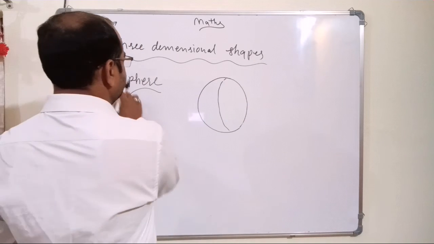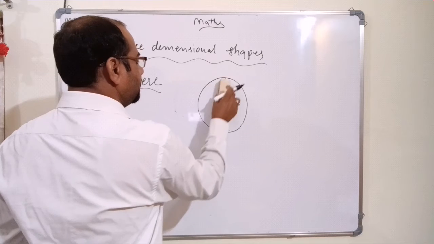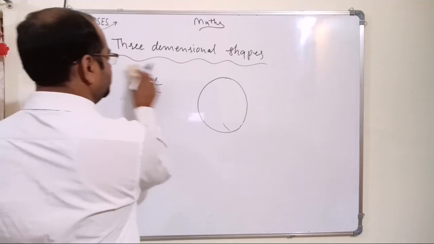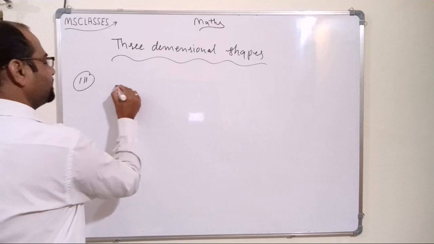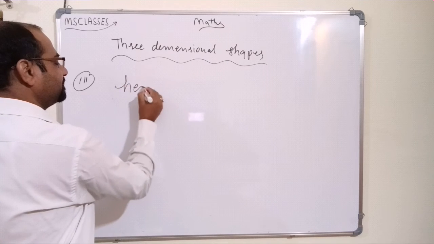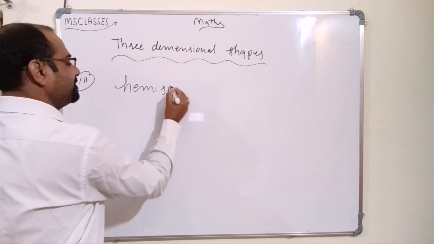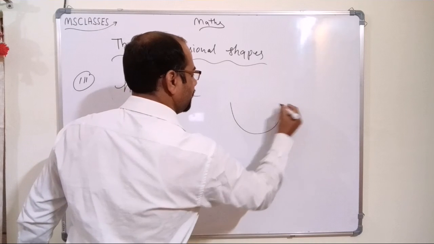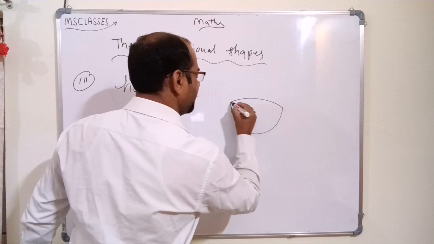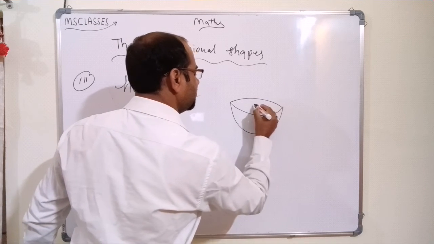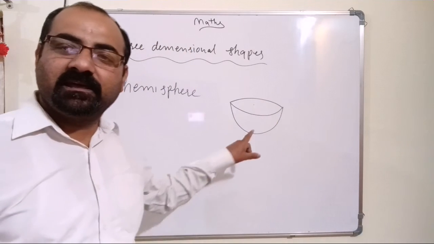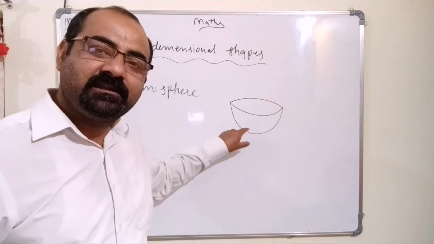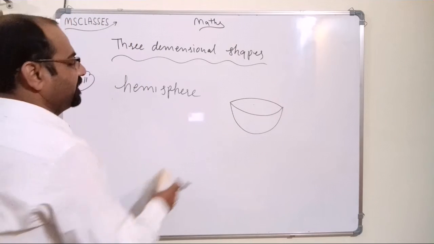And after that, the hemisphere. Hemisphere means half sphere. This is one part when a sphere is cut from the center. Then this is the hemisphere. When a sphere is cut from the center, we get a hemisphere.